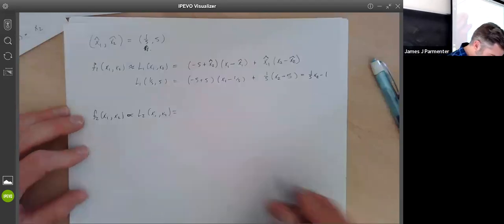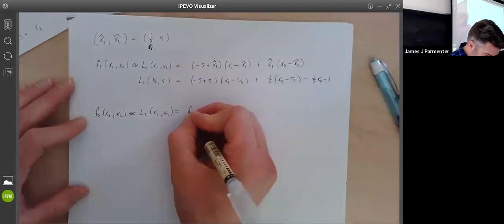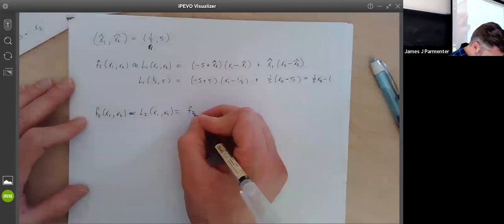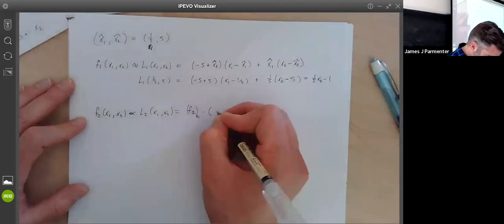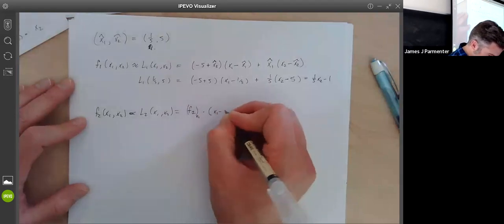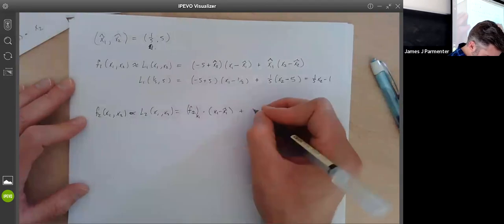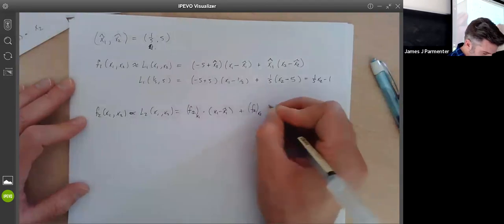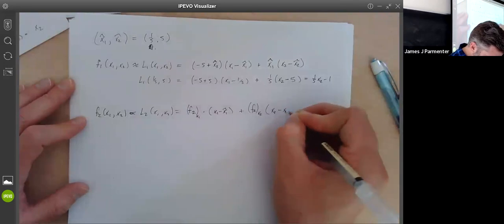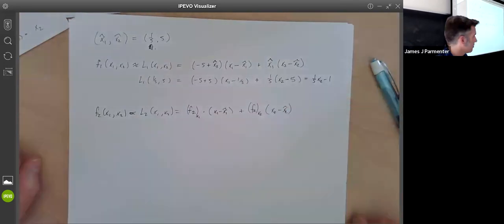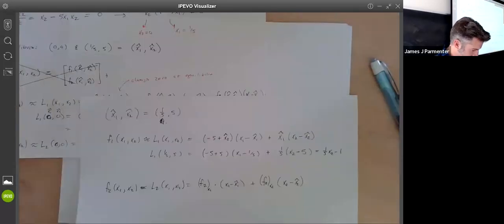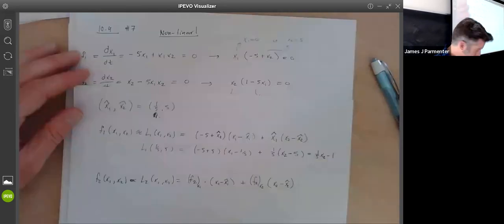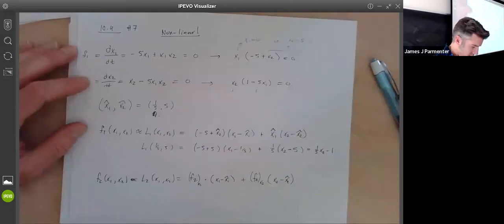We're taking the partial of f2 with respect to x1 times x1 minus x1 hat plus the partial of f2 with respect to x2 times x2 minus x2 hat. There's our f2 up there.